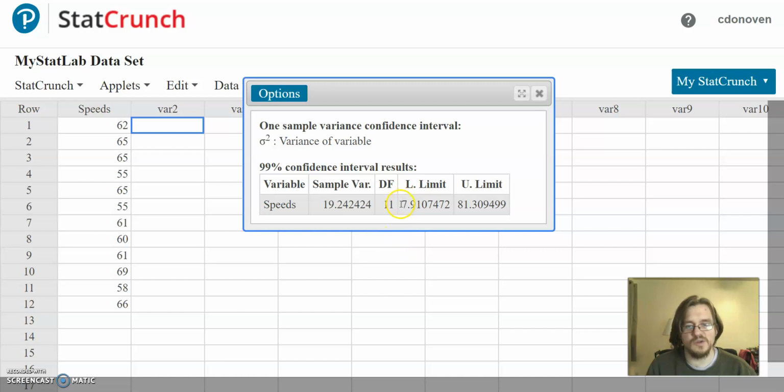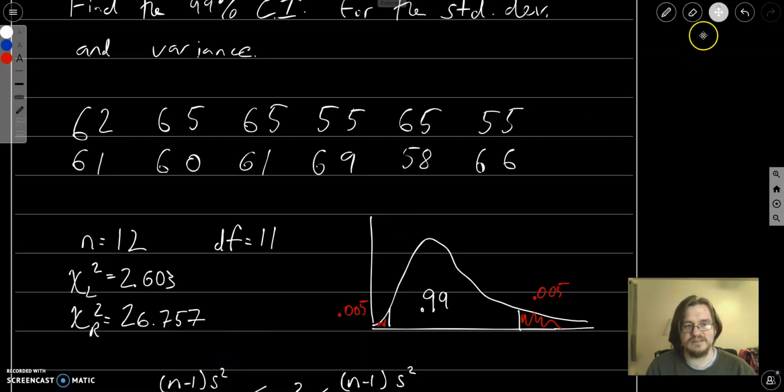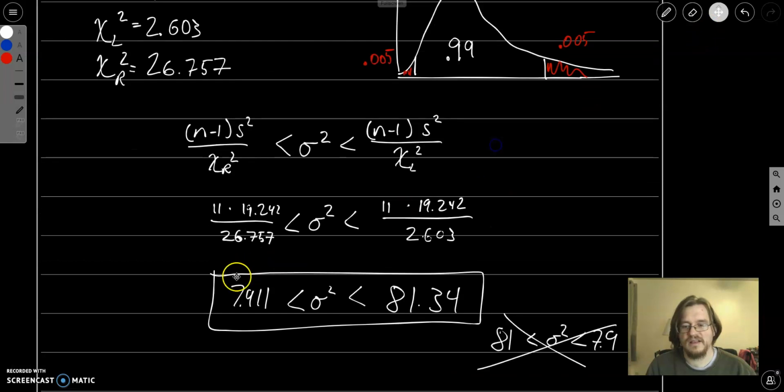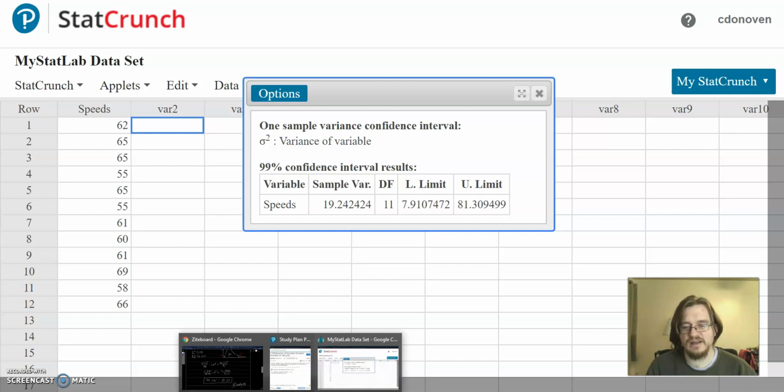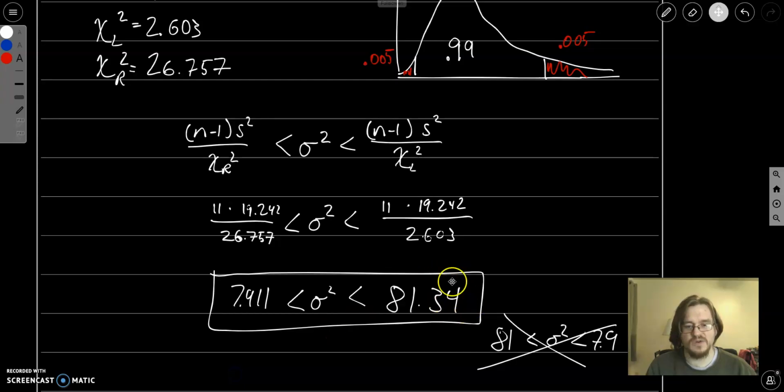So the lower limit they have is 7.91, which if we compare this to 7.911, that's perfect, and 81.309, so it looks like I must have rounded just a little bit because they're only a little bit off.